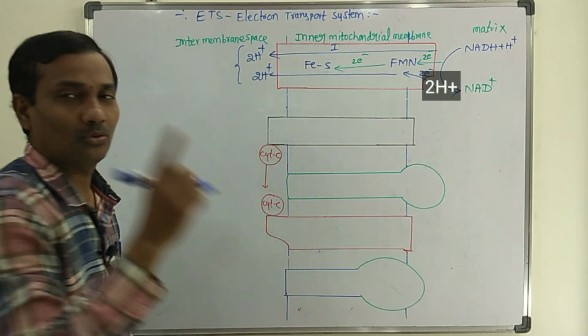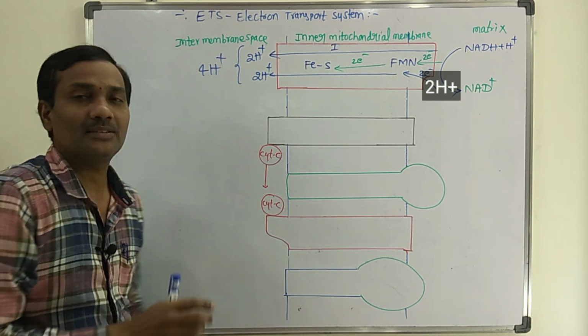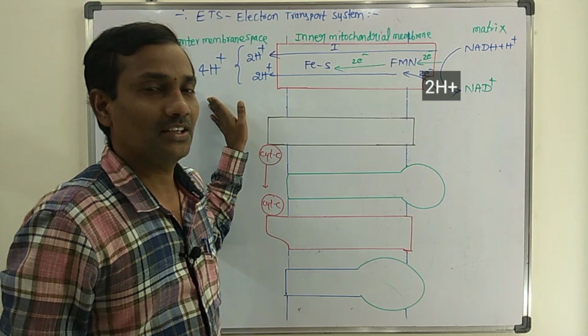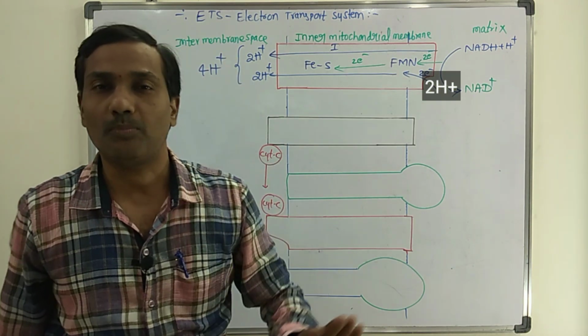That is possible only in complex 1. So finally, how many protons enter the perimitochondrial space or intermembrane space through complex 1? 4 protons.